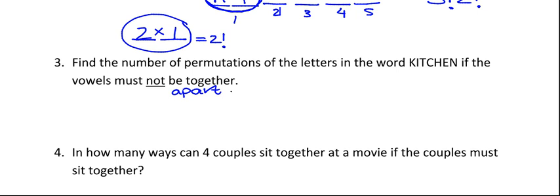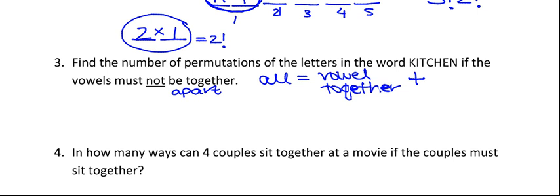A good strategy for solving a question like this is to think about how, of all the arrangements of the letters in the word kitchen, some words have the vowels together, and the others are the words in which the vowels are not together.